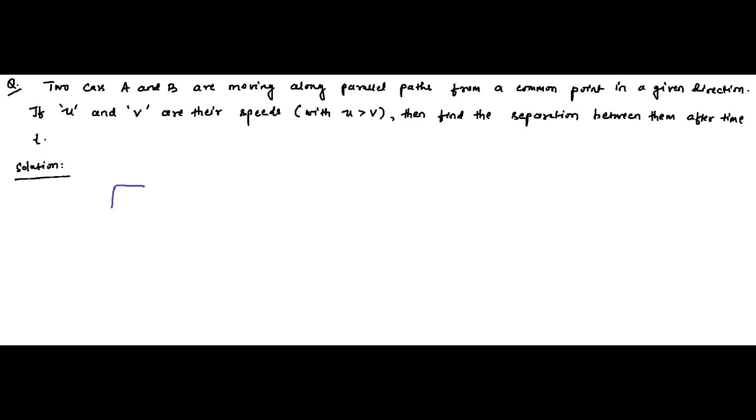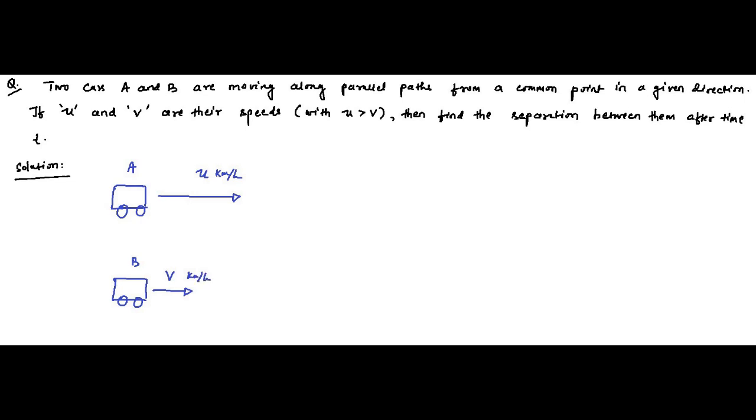This is one car, car A. It is moving with velocity or speed u, and we have another car B. It is moving with speed v. Let's say it is u kilometers per hour, and this is v kilometers per hour.